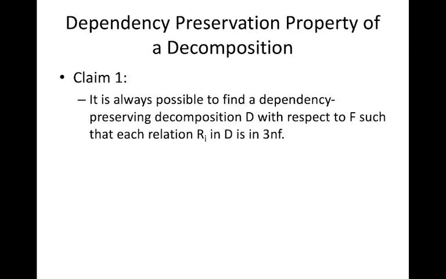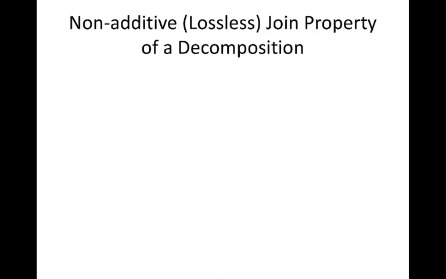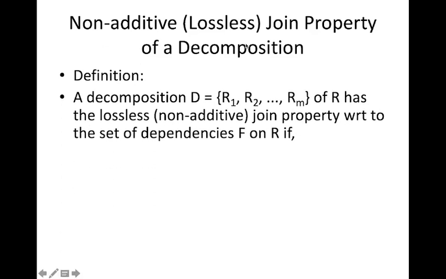Then the non-additive lossless join property. So what is this property? We will define it. First we have seen attribute preservation, second dependency preservation, and the third property of a decomposition is the non-additive or lossless join property.